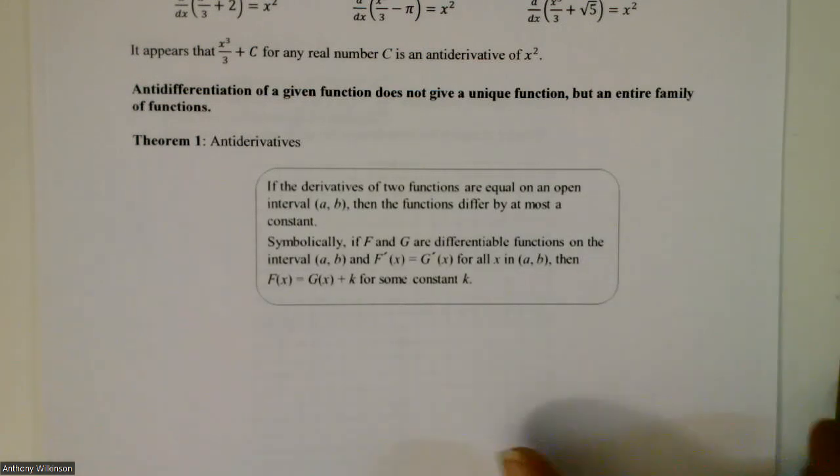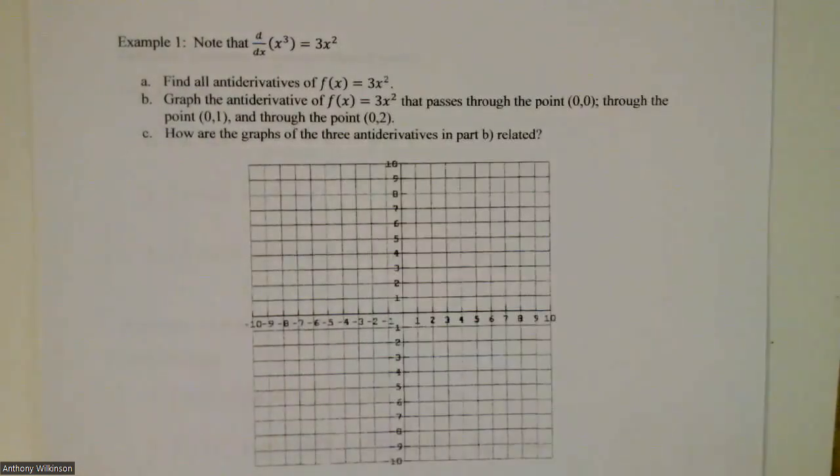All right, so on the next page, let's look at an example of just this. Now, we're going to note in this example that the derivative with respect to x of x cubed is equal to 3x squared. So here we want to find all of the antiderivatives of f of x equal to 3x squared.